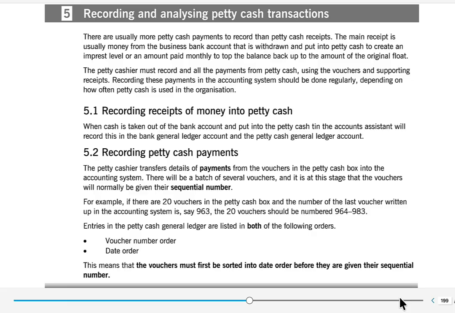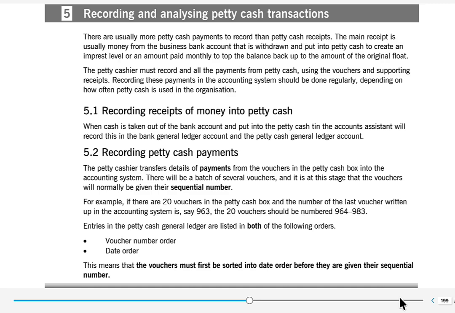What is a petty cash transaction? A petty cash transaction is any movement of money that involves petty cash. There are only two main types of movements. Type 1. Money goes into petty cash. This happens when the business gives cash to the petty cashier. Usually, the cash comes from the main bank account. So the business takes money from the bank and puts it into petty cash.